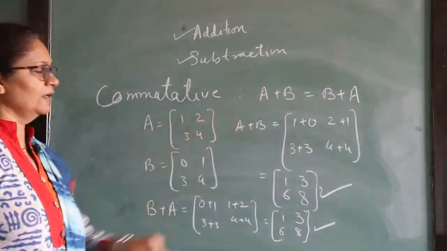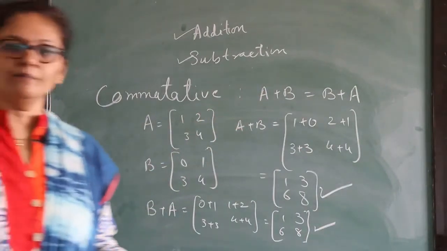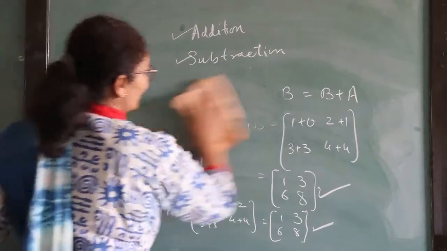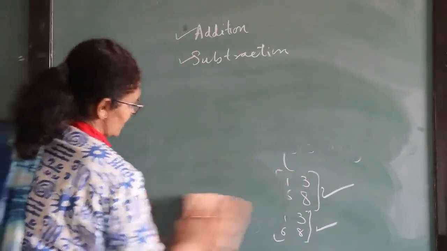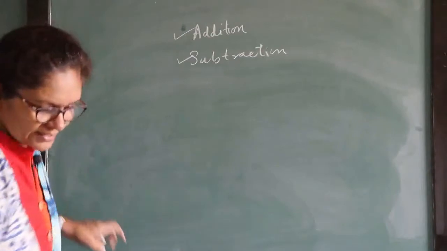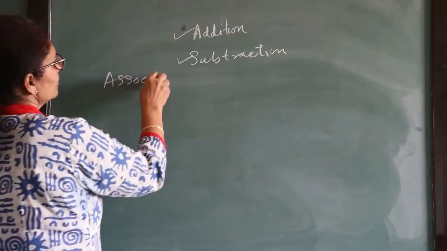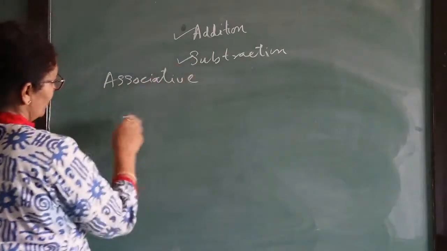First we learned commutative. Now what is our second property? That is associative. In associative it is again the same, but in place of 2, 3 matrices are given. So let's see the second property, associative.